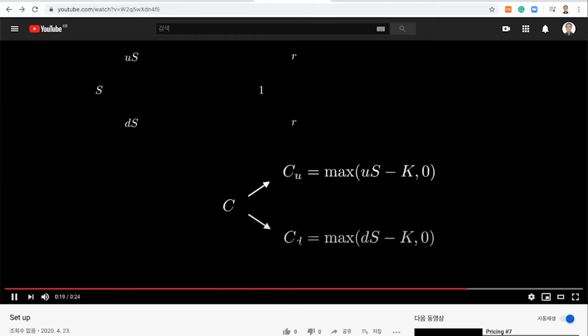And one more assumption here is this one. This paper assumes that U is the biggest number, and D should be the smallest number, and 1 plus interest rate is between these two.